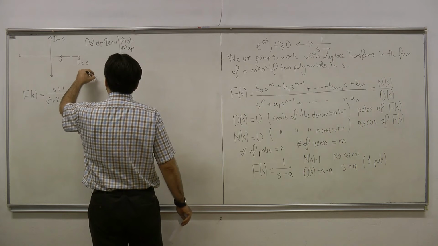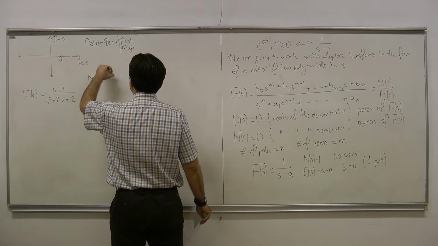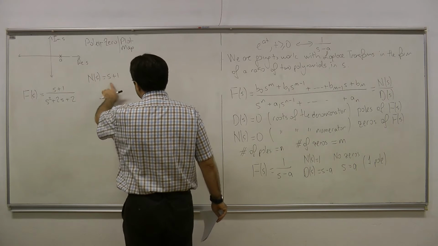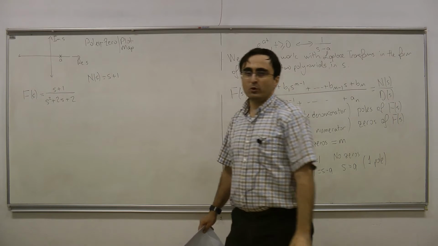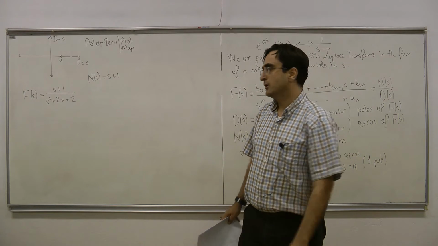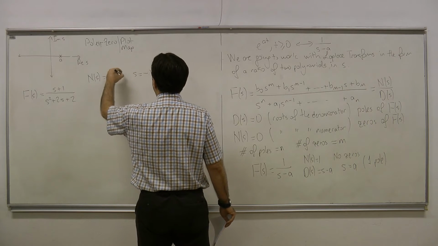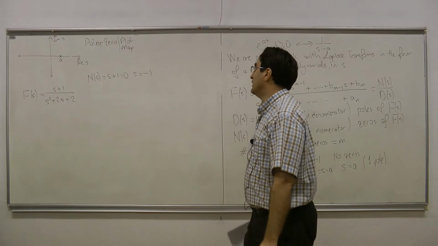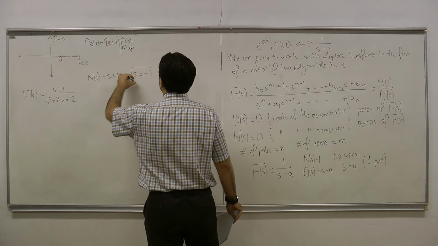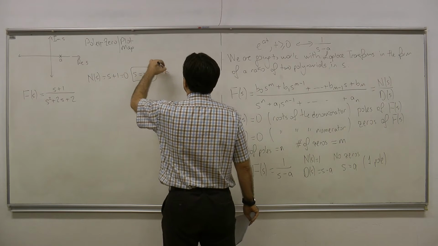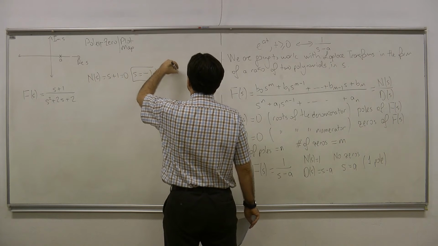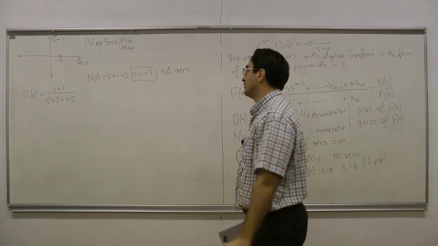So its numerator polynomial, n of s, is s plus 1. We see that it's a first order polynomial here. Therefore, it has one root. I will equate this to 0, and that is going to be at s equals minus 1. And s equals minus 1 is going to be just the one zero of this Laplace transformation.